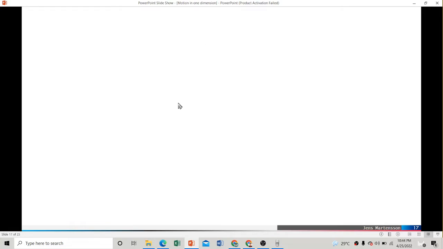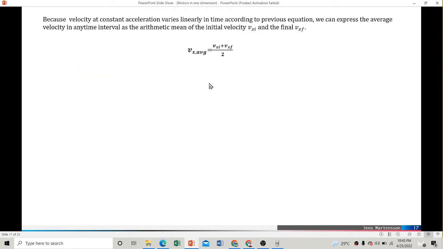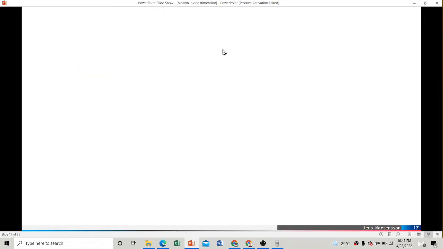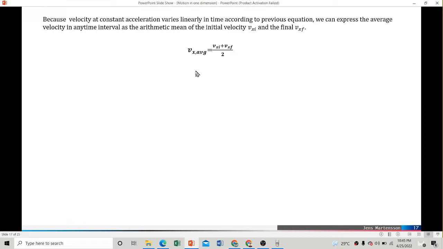Okay, so as we observe diri sa kaning v-t diagram, we can calculate the average velocity by getting the mean between these 2 points. Here we get the average velocity by averaging: vxi plus vxf over 2. So muna to ang vx average.